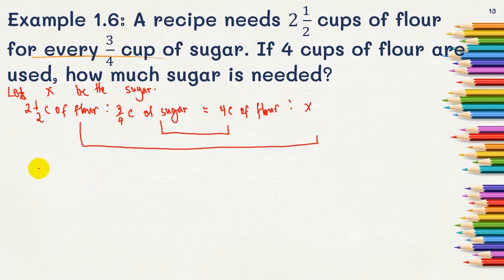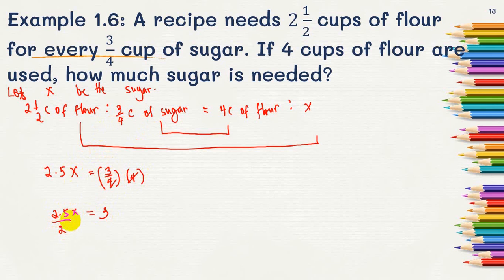So next, we have 2.5 times x, we can actually convert it into decimal for us to easily solve it using your calculators later on. So 2.5x, and then here 3/4 times 4. So 3/4 times 4, you can actually cancel. What will remain is 3 equals 2.5x.